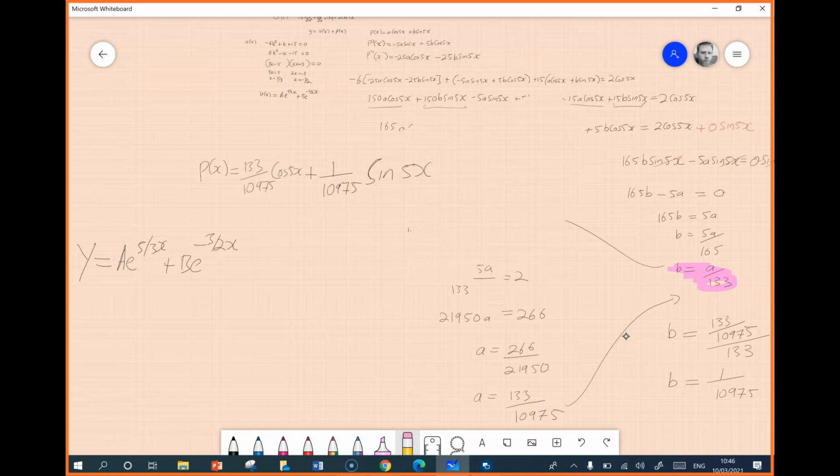And then I just need to add on my p of x, which is plus 33 over 2725 cos 5x, and then plus 1 over 2725 sine 5x.